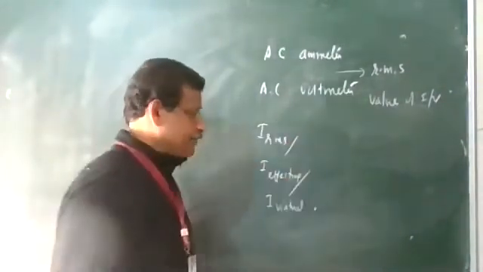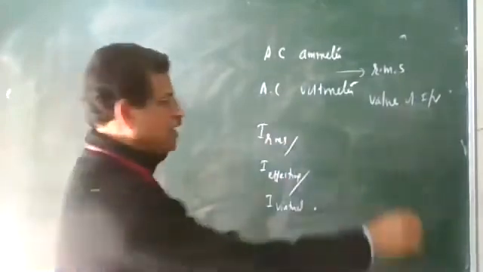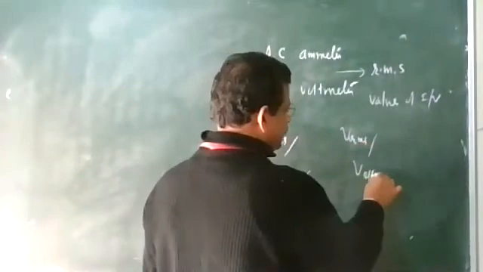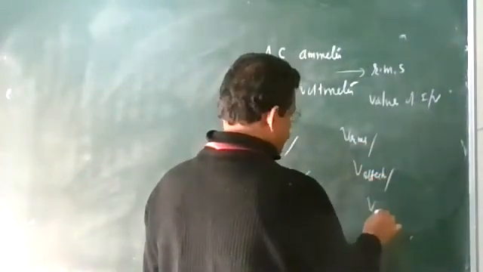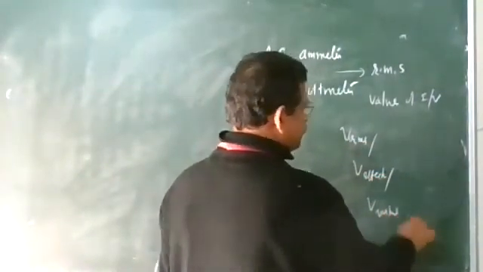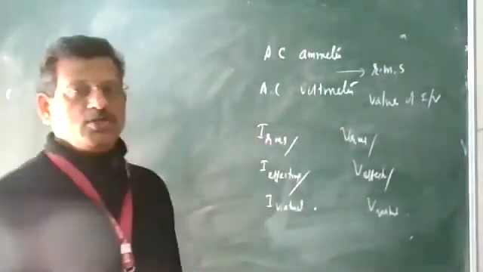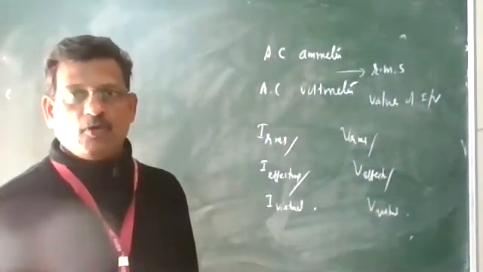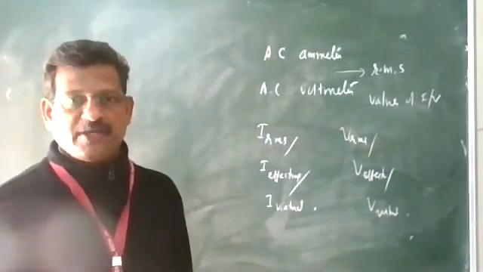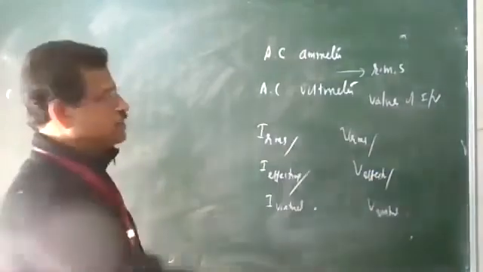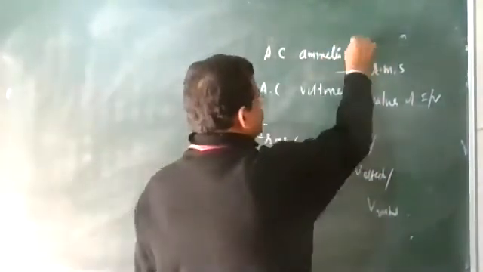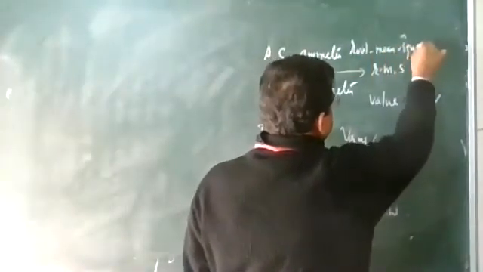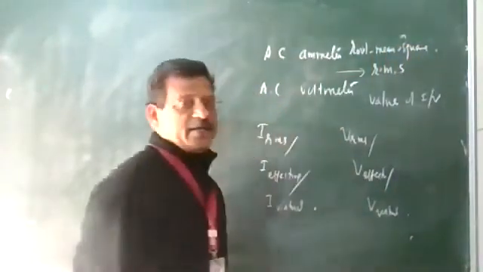Similarly, VRMS, or V effective, or V virtual. So your AC voltmeter and ammeter measure RMS values. Wherever you see an AC voltage or current specification, it stands for RMS, the root mean square value of alternating current.